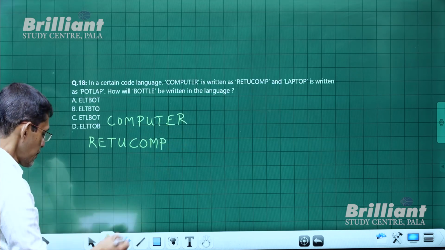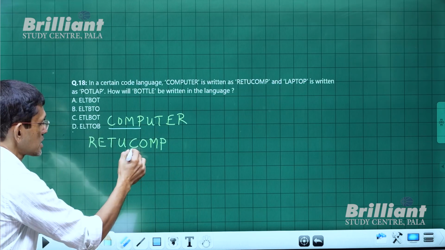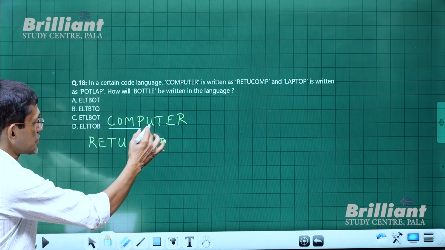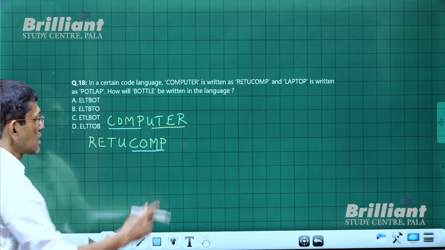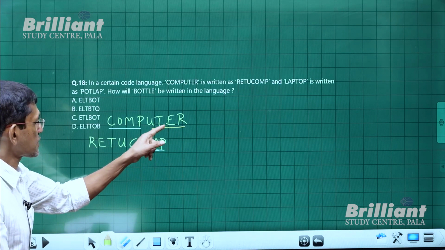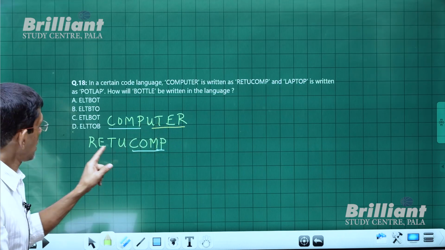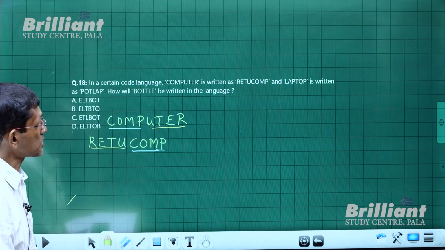The first four letters, COMP, are right here. And the last four letters, UTER, what happened to them? UTER is reversed, RETU. So that's the coding method used.